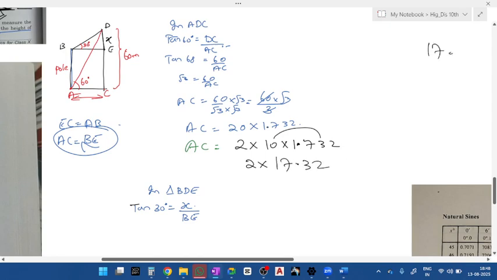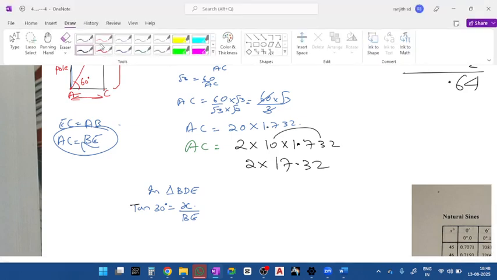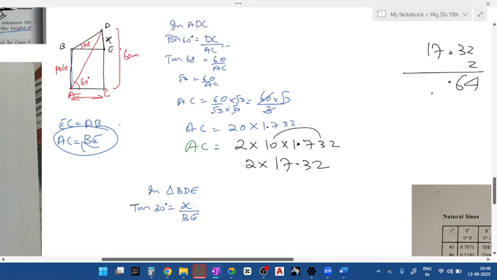Multiply that with 2. Yeah, concentrate and do it, students. Complete it. You'll be able to solve at home. Okay. Two sevens are 14. Two ones are 2. 34.6. That is equal to 34.64.